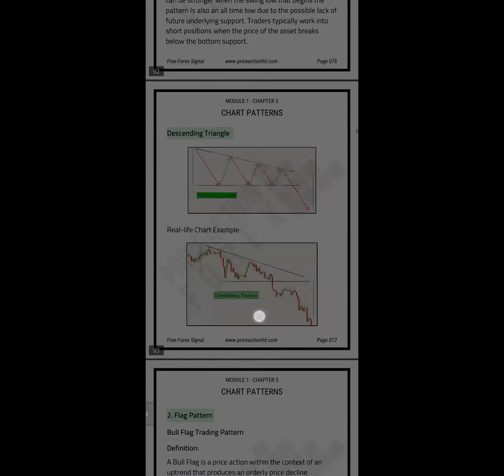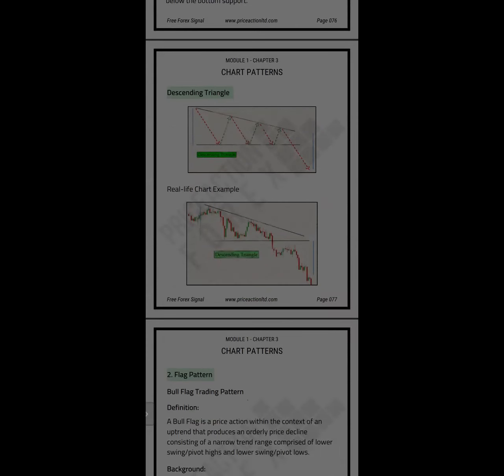All right. We actually give a light structural example of what I'm going to discuss on flag patterns that frequently form on our chart, which we use to identify when to buy and when to sell.